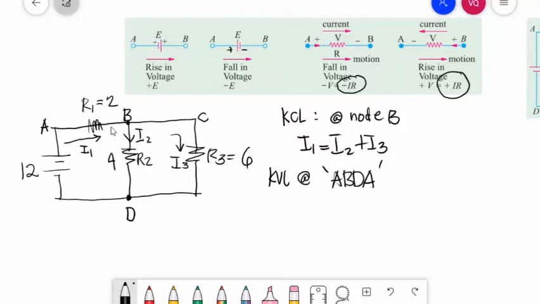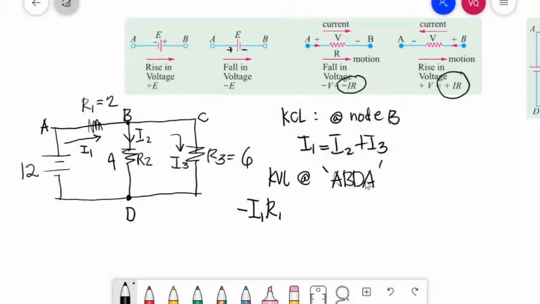A to B is to the right, and your I1 is to the right. Same direction, so that means you will have a negative sign of your drop in R1: negative I1 R1.